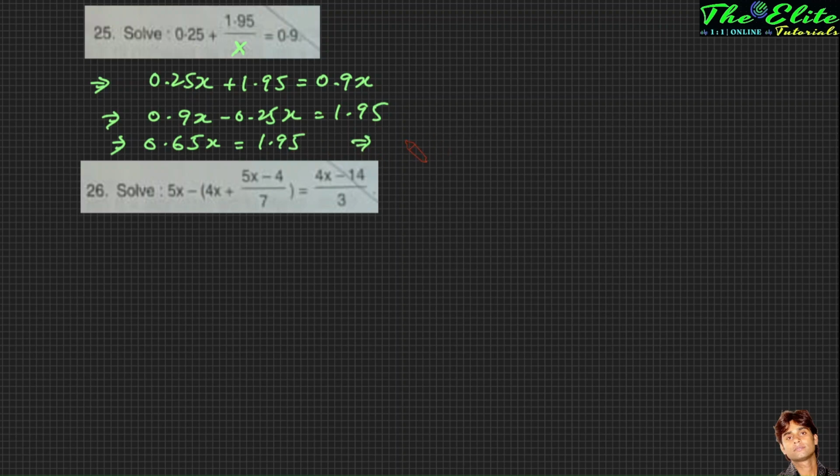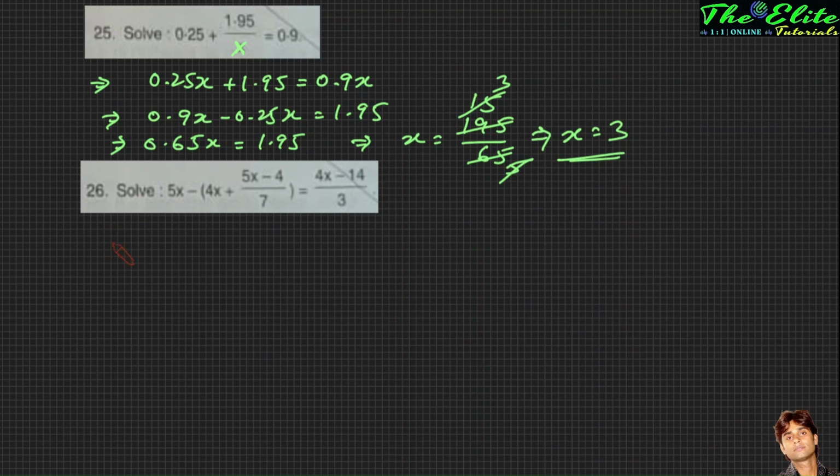Further, if you move on, x will be equal to 195 upon 65. What I did is I just multiplied both sides by 100, so the decimals got removed. And now, 13 times 5, 13 times 1, 13, and then 6, 13 times 5. It is giving you this. The value of x is going to be how much? 3, and that is your answer.